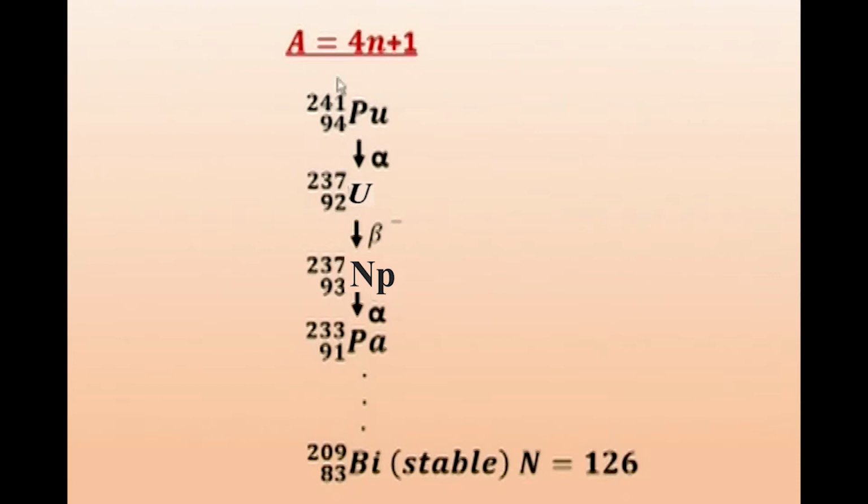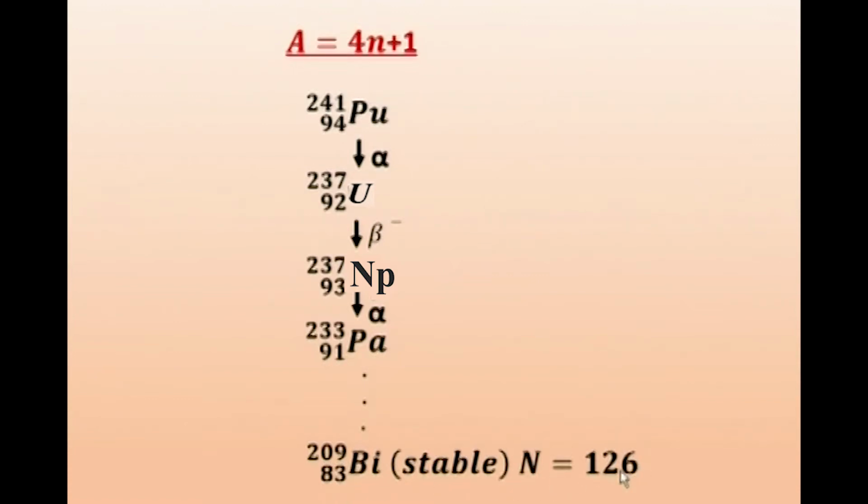All the other elements were unstable, but when we come to bismuth 209, with atomic number 83, it becomes very stable, and it has neutron number n equal to 126. Namely, 209 is the mass number and 83 is the atomic number; if we subtract, I will be getting 126.